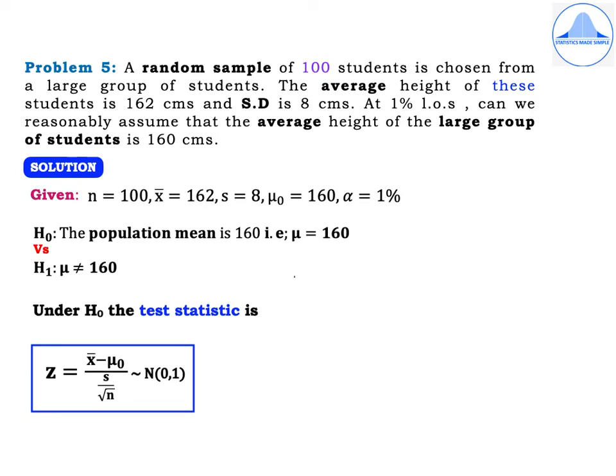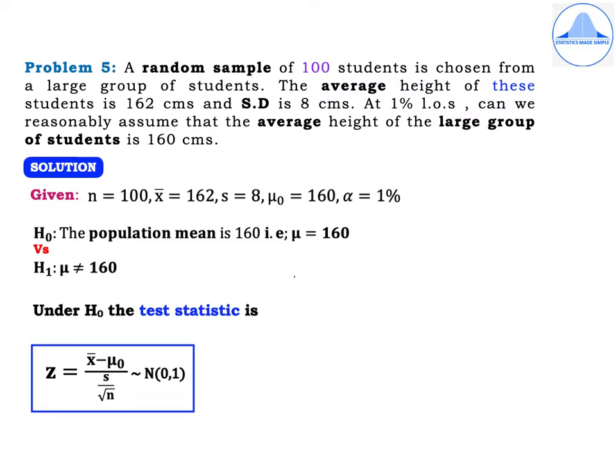Problem 5. A random sample of 100 students is chosen from a large group of students. The average height of these students is 162 centimeters and standard deviation is 8 centimeters. At 1% level of significance, can we reasonably assume that the average height of the large group of students is 160 centimeters?